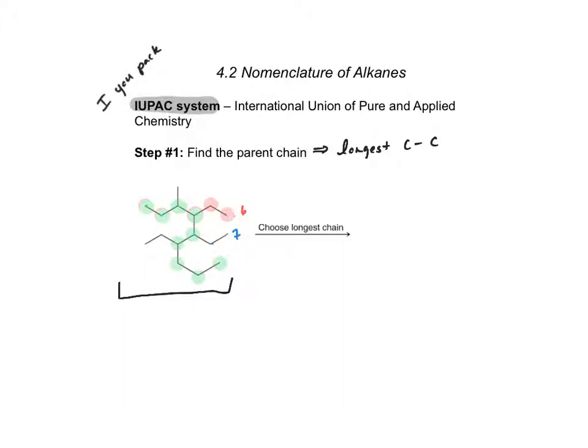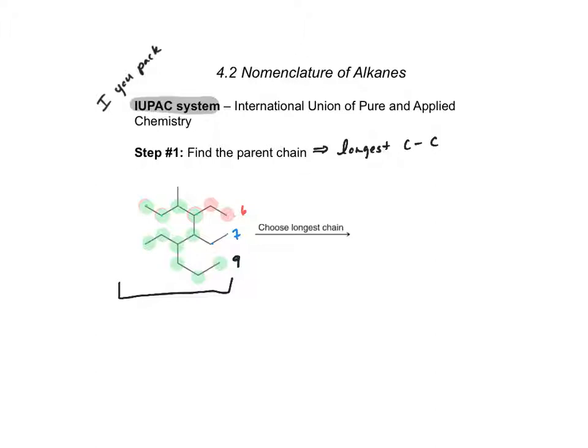So is there any other chain in here that's going to give me something larger than 9? No. I could try to find it: 1, 2, 3, 4, 5, 6, 7. 1, 2, 3, 4, 5, 6, 7, 8. But I'm not going to find anything greater than 9. So that's step number 1. You have to find that longest chain. For this guy, that ends up being a carbon chain that has 9 carbons in length.